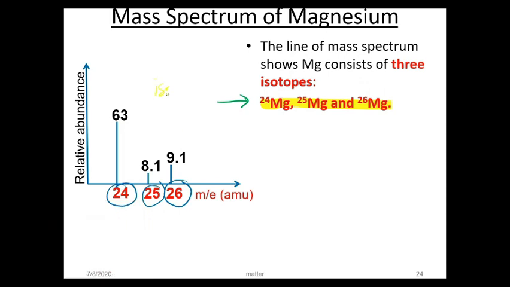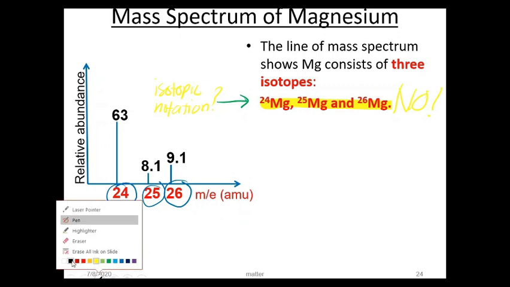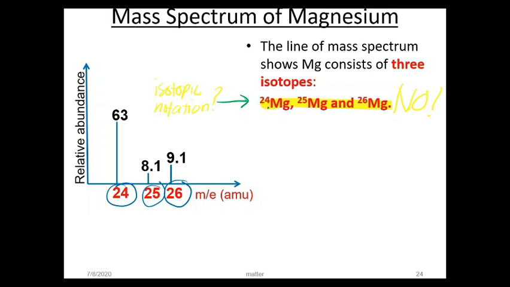Is this how you write isotopic notation, class? If I ask you to write the isotopic notation of magnesium, are you going to write it like this? That is no. Look at the example. It does not have the number of protons at the bottom. So this is not the isotopic notation for magnesium.